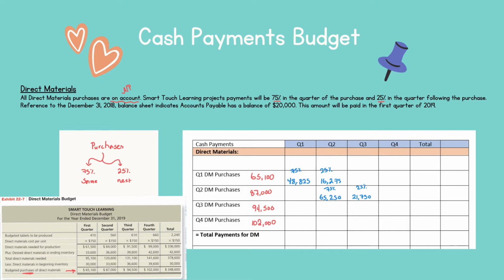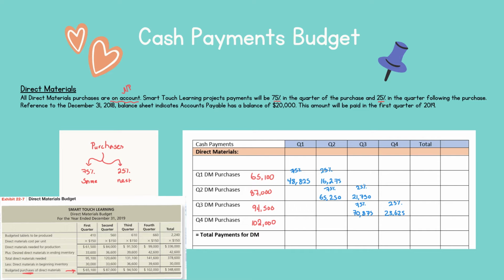Quarter 3 purchases, 94,500, will be paid as follows: 75% in the same quarter, which is quarter 3, and 25% in the following one. So it's going to be 70,875 and 23,625.